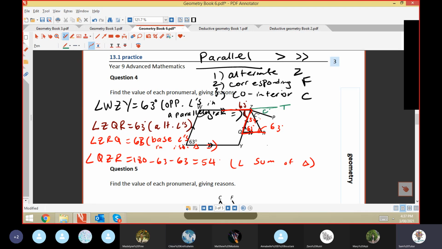It's not quite that. The equation will be something plus something equals 180. Can you say it as an equation? 63 plus 54 plus C plus C equals 180. Yeah, that's it. That's the way I would like to see it.